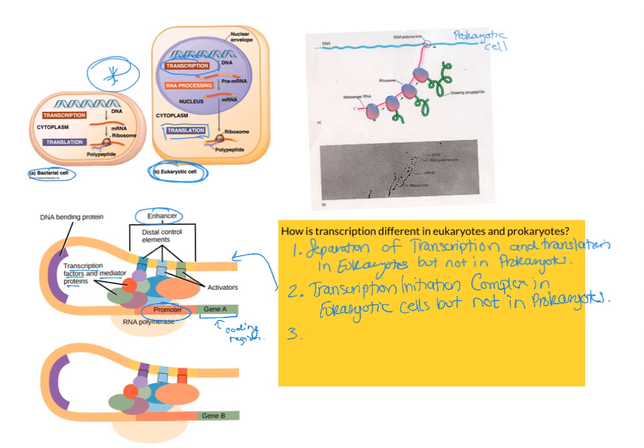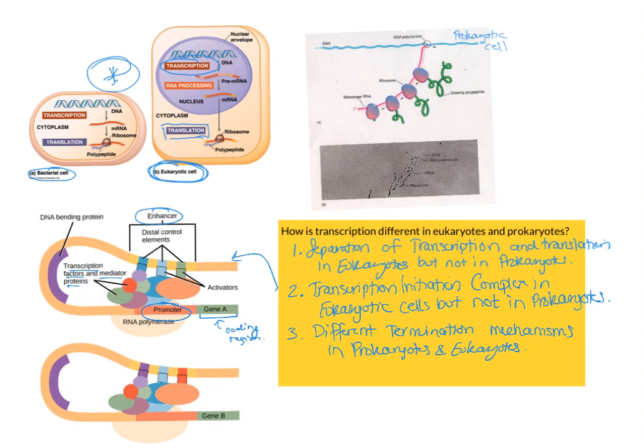The third difference, though, is that there are different termination mechanisms in prokaryotes and eukaryotes. So you might have noticed right on the previous slide that I mentioned how in prokaryotes, typically it's a sequence known as a terminator at the end of the coding region that causes RNA polymerase to detach.